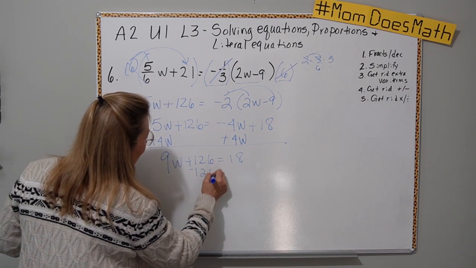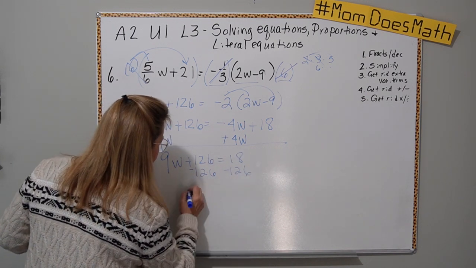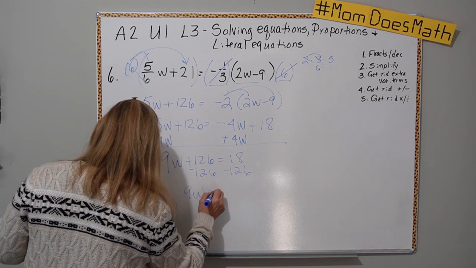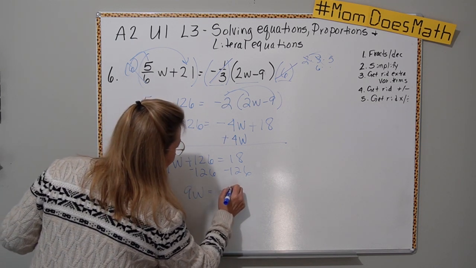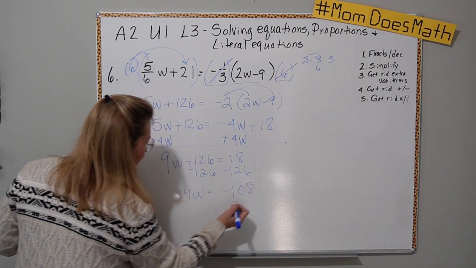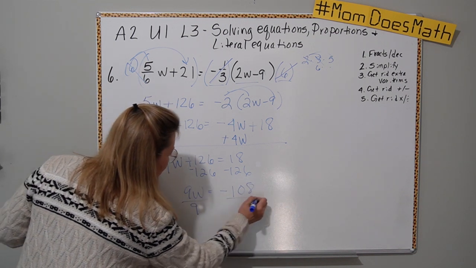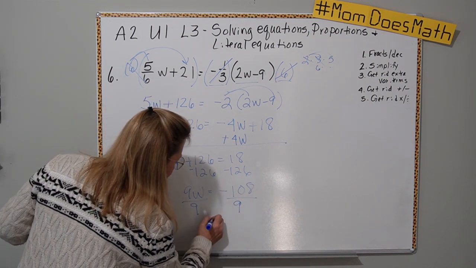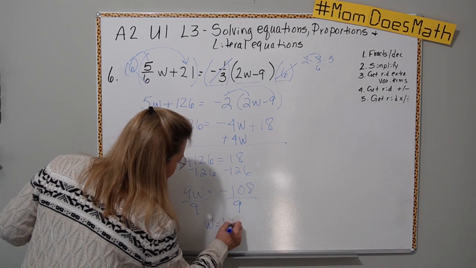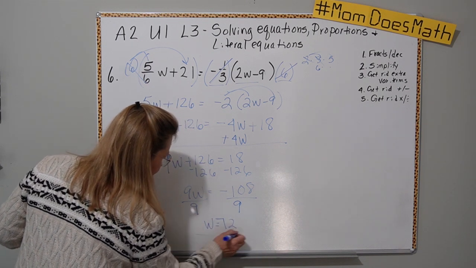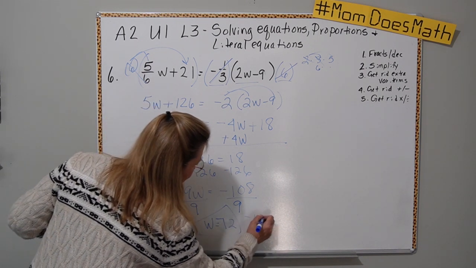Then I'll subtract 126 from each side, so I get 9W is equal to negative 108, and then divide both sides by 9, so W is equal to negative 12. And that is negative 12.